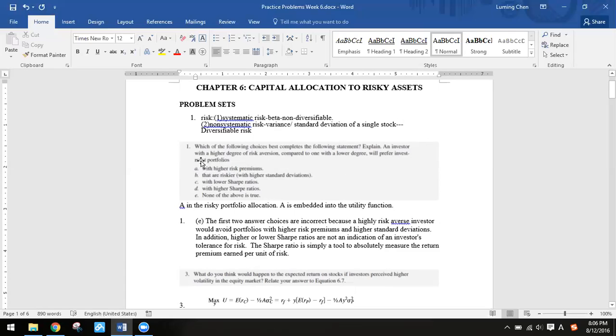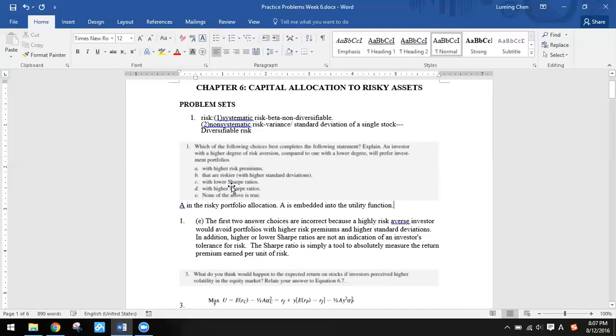So you will prefer investment portfolios with a lower risk premium, because for riskier assets, you will have a higher risk premium or a higher excess required rate of return. And B, they will not prefer investment portfolios that are riskier because they are more risk averse.